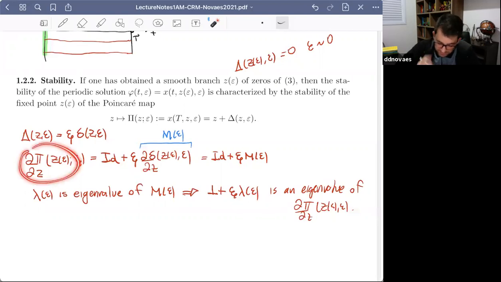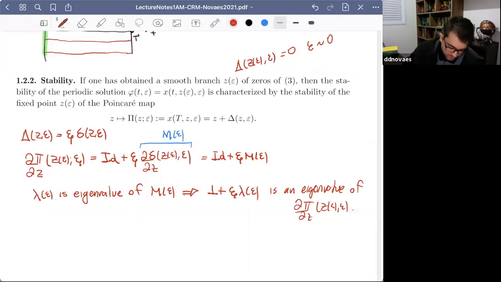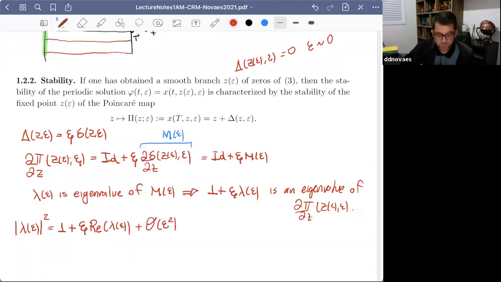But if we have the eigenvalues of this matrix N, we can do the same characterization by looking at the eigenvalues of the matrix M epsilon. Why? Because the modulus of lambda squared is just 1 plus epsilon times the real part of lambda epsilon plus order epsilon squared.